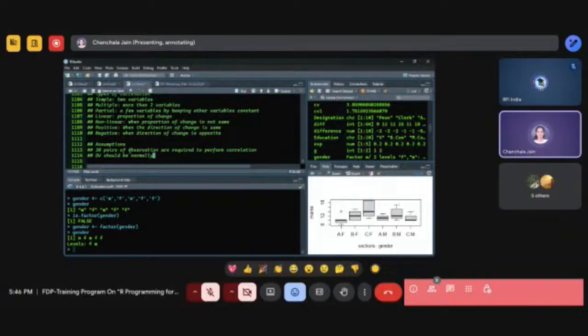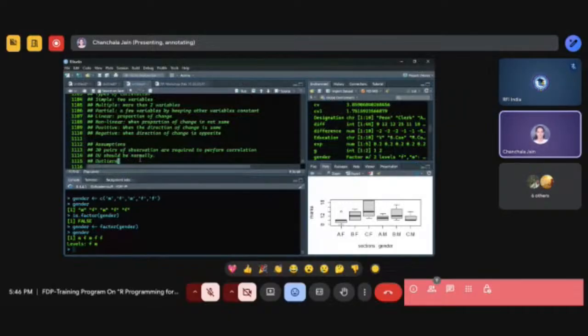In that case, you need to decide which variable you are going to treat as the dependent variable, and for that you need to check its normality and outliers also, right? That way we can say these are the assumptions of correlation.